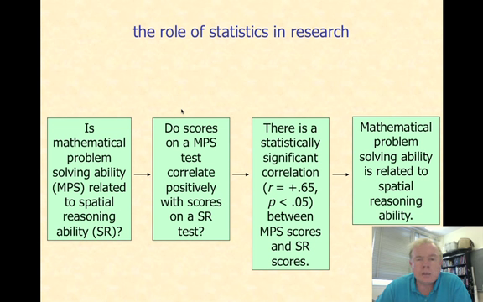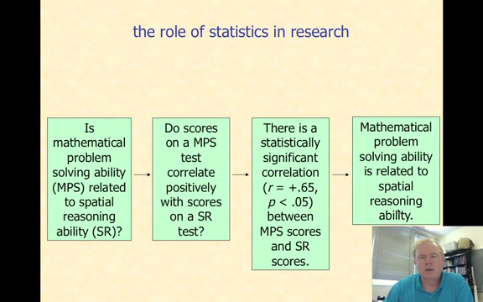In this case, we see that we have a measured positive correlation of r, or Pearson's r, equals plus 0.65, and that the probability of this happening by chance alone was less than 5%. P, our alpha, is less than 0.05, between mathematic problem-solving ability scores and spatial reasoning scores. Based on this, we can draw a substantive conclusion: mathematical problem-solving ability is related to spatial reasoning ability.